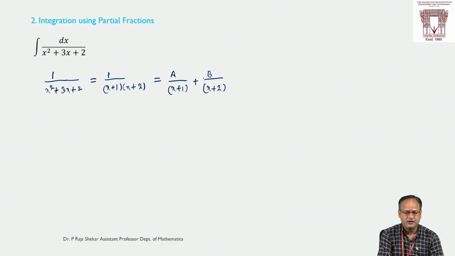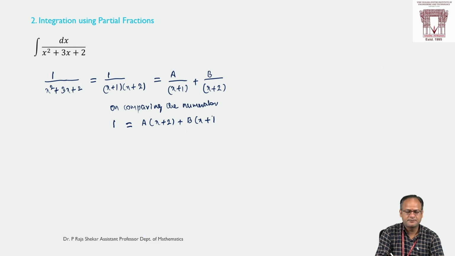On comparing the numerators, on the left hand side we only have 1, and on the right hand side it is A into x plus 2 plus B into x plus 1. So it is to determine A and B.